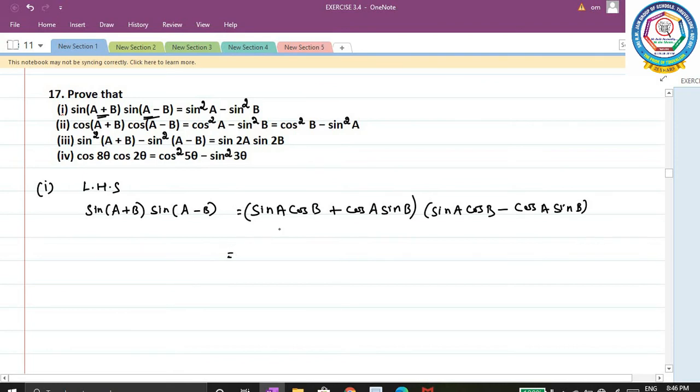Next step, it is in the form of (a plus b) into (a minus b). So we know the formula: (a plus b) into (a minus b) is equal to a square minus b square.